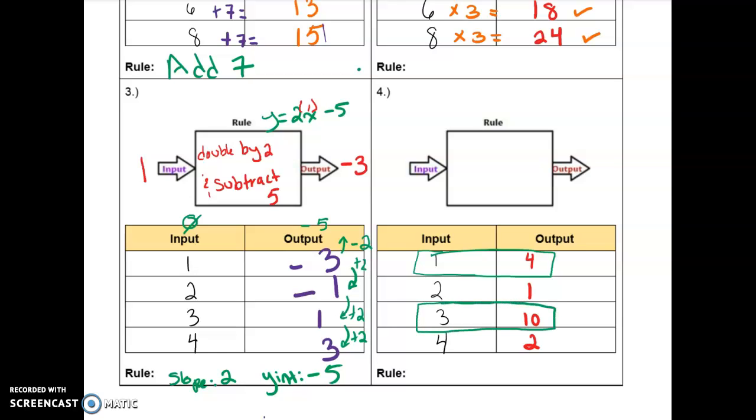If I just created a table from inputs 1, 3, 5, and so on, of odd numbers, I could see a pattern. Well, how can I get from 4 to 10? By adding 6, right? So if I keep adding 6, and obviously because we have our inputs, the change would be +2.